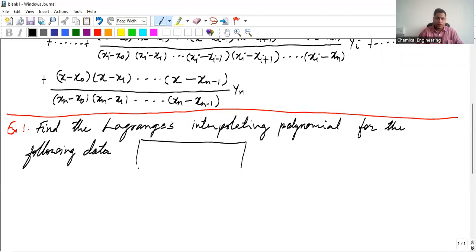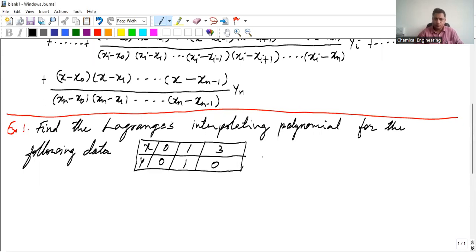Here the data is given, we have x and y: x is 0, 1, 3 and y is 0, 1, 0.